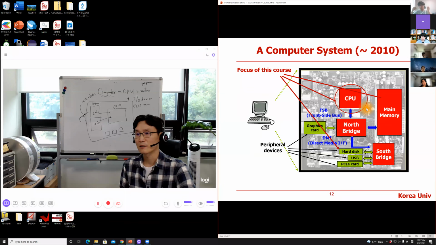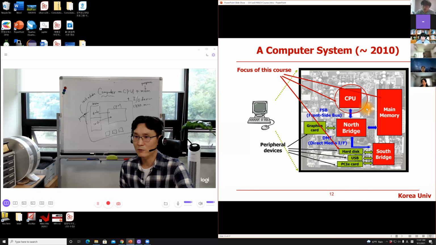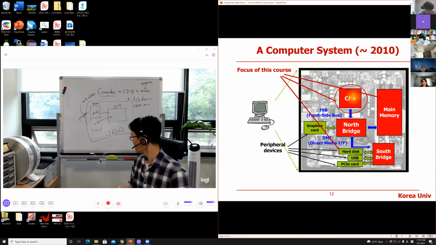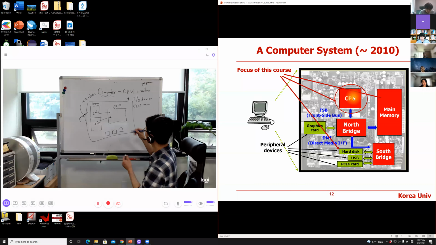And in the remaining 4 to 5 weeks, we are going to talk about memory components: main memory, hard disk, and also the memory component inside the processor, which is called cache.